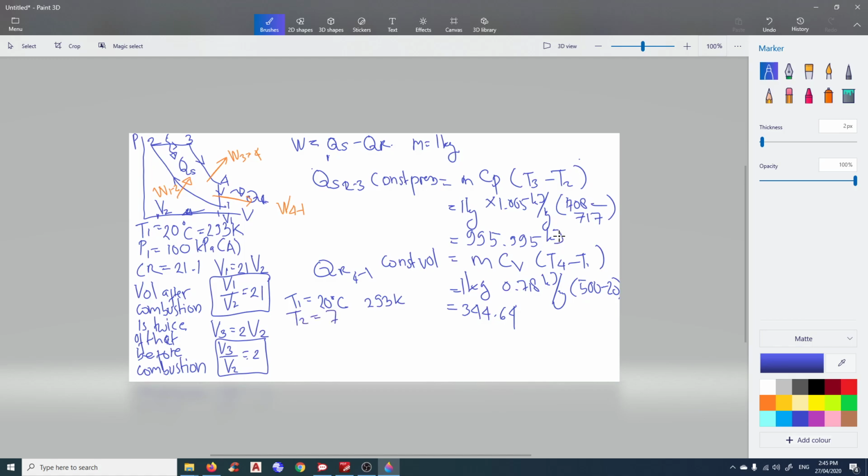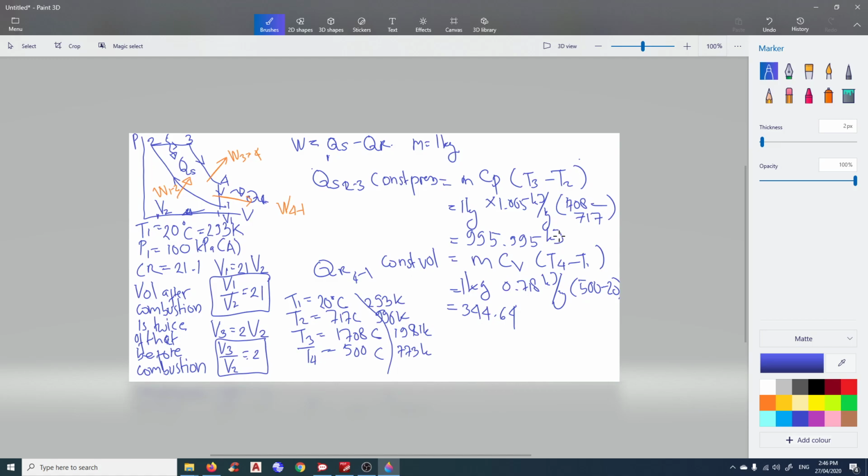T2 was 717 degrees Celsius or 990 Kelvin. T3 was 1708 degrees Celsius or 1981 Kelvin, and T4 is 500 degrees Celsius or 773 Kelvin.